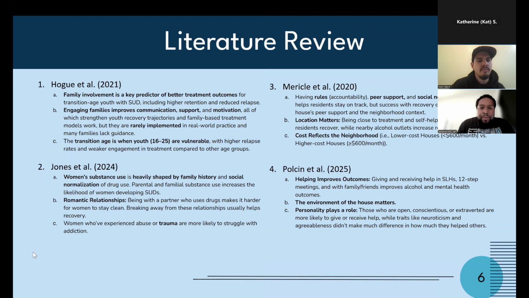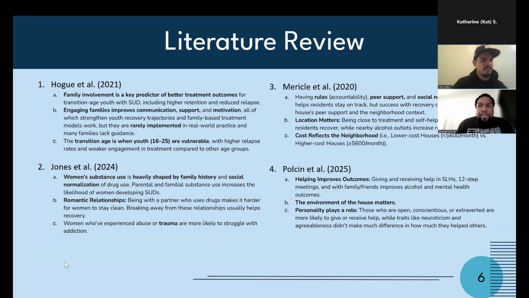Engaging families improves communication, support, and motivation, all of which strengthen youth recovery trajectories. Family-based treatment models work, but are rarely implemented in real-world practice, and many families lack guidance. The transition age, 16 to 25, is when youth are vulnerable, with higher relapse rates and weaker engagement in treatment compared to other age groups.